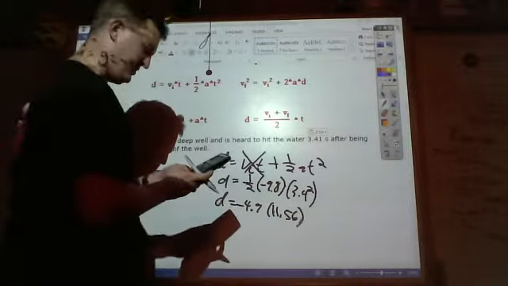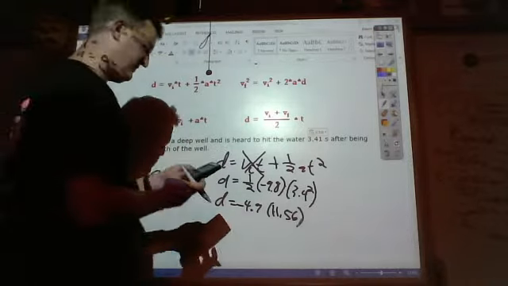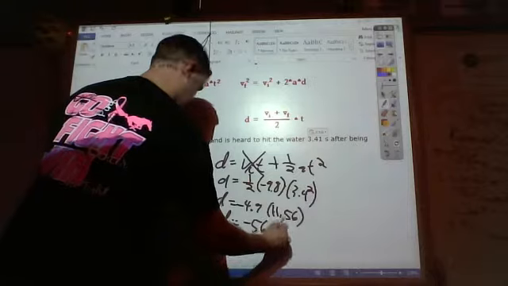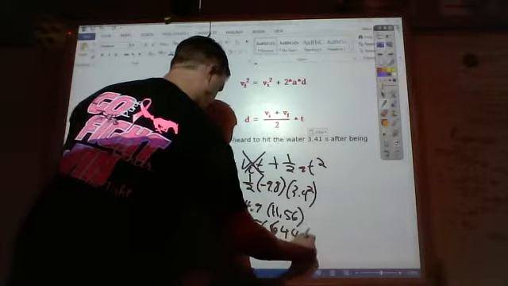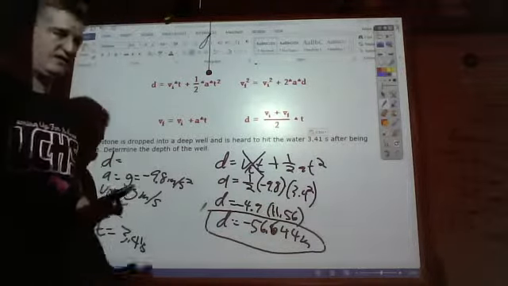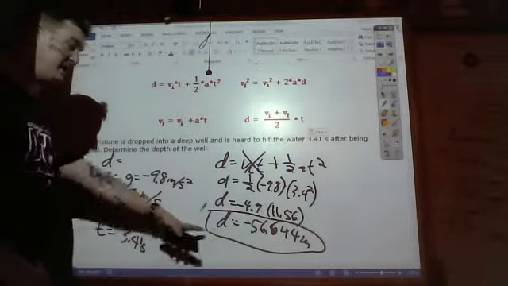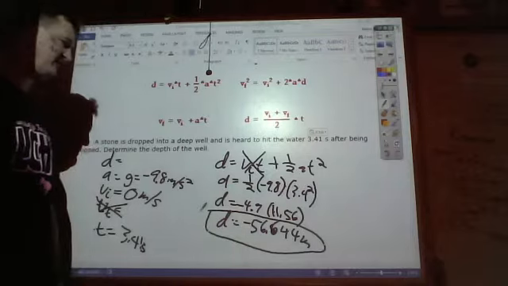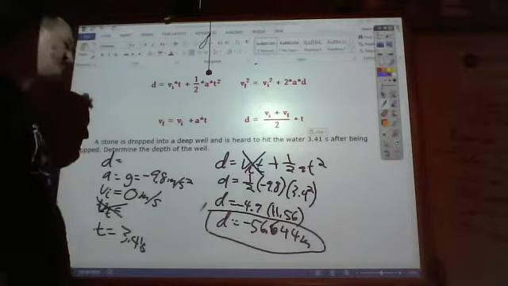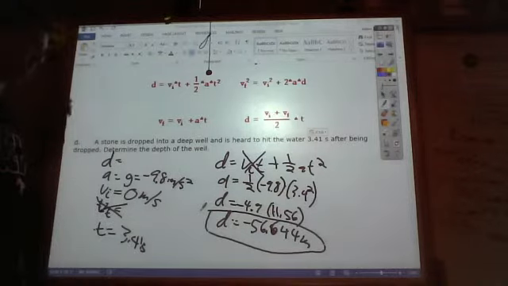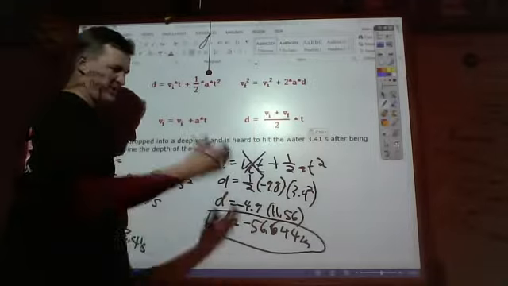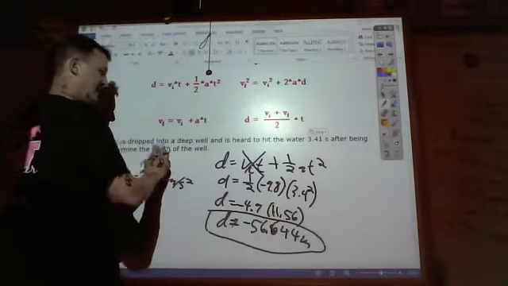So negative 4.9 times 11.56 is negative 56.64 meters. It fell over half of a football field. So things fall relatively quickly, considering that it fell for 3.41 seconds. So there's your depth, that is the distance that it traveled, the displacement. It's all in the same direction, so they're equal to each other, which is ultimately the depth.